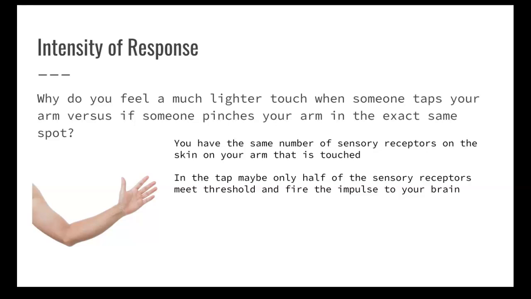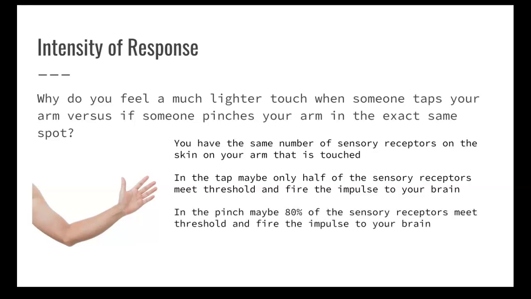Maybe all of your other sensory receptors don't fire, only half of them actually meet that threshold. So you're getting about 50% of the impulses going to your brain from that specific area of your skin, whereas maybe a pinch of that same area makes 80% of your sensory receptors actually meet that threshold and fire the impulse to your brain.